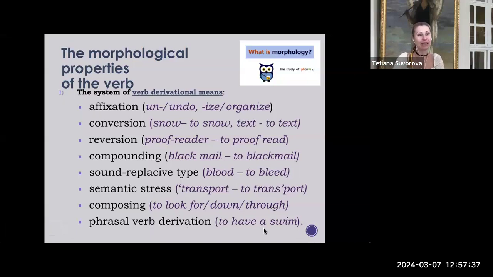It is enhanced usage of language when you use not a verb but a verbal phrase with a noun to express the same thing. Of course, we can use to swim, there is such a verb, but to have a swim is considered to be a little bit more classy.